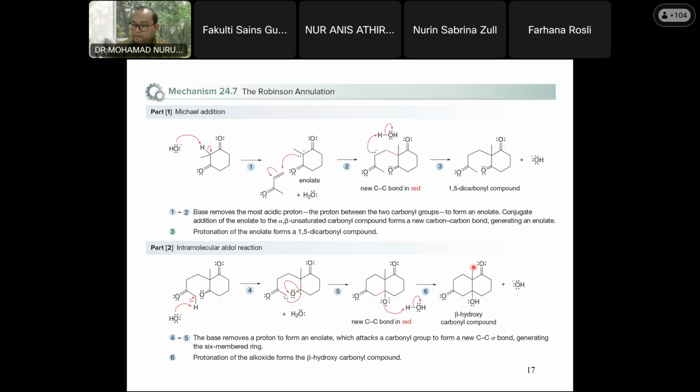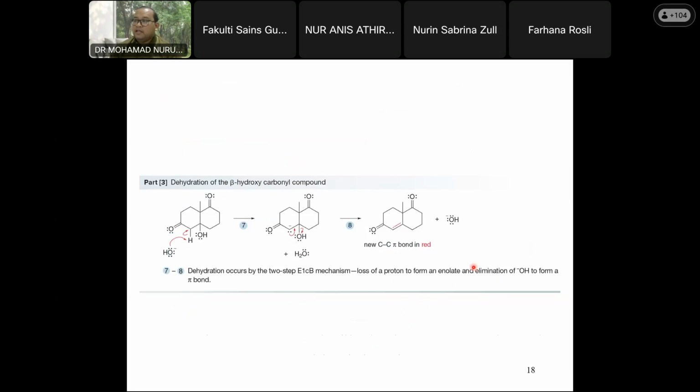And last, of course, the reaction does not stop there. Dehydration of the beta hydroxycarbonyl compound may happen during this process, following a 2-step E1CB reaction, which is elimination unimolecular conjugate base mechanism. Write down: elimination unimolecular conjugate base mechanism.